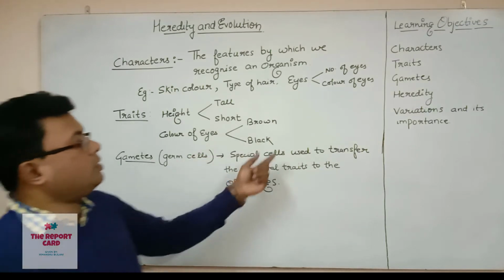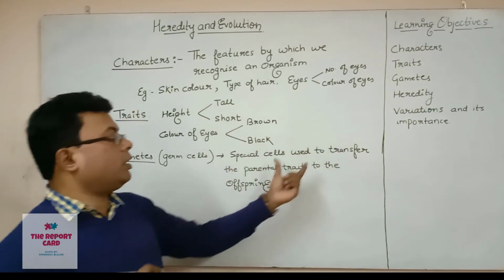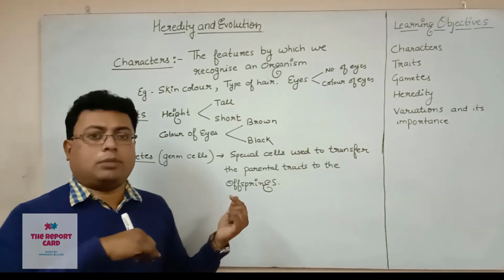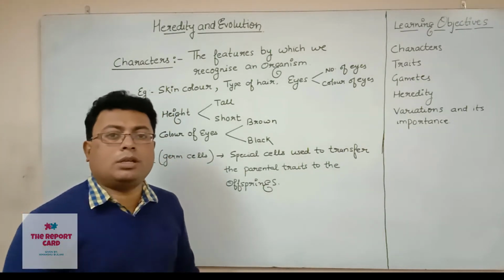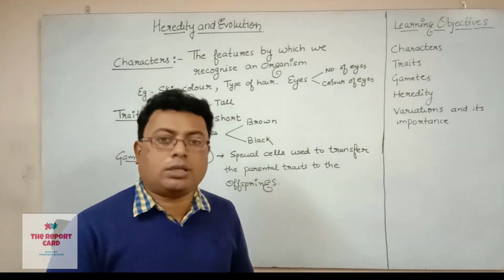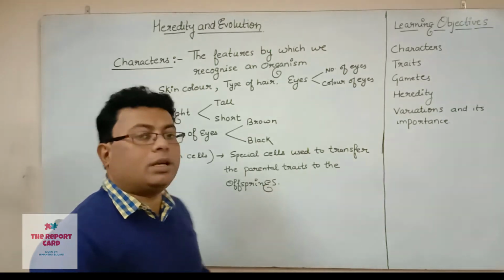Okay, special cells used to transfer the parental traits to the offspring. And I'll be soon uploading the video of the chapter on reproduction as well, so that these things are very clear to you.